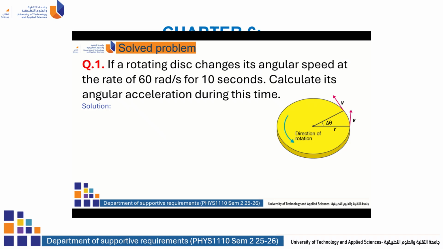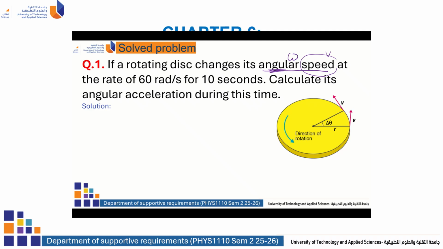Now the question number 1 says, if a rotating disk changes its angular speed. What is angular speed? If I say angular speed, this is omega.